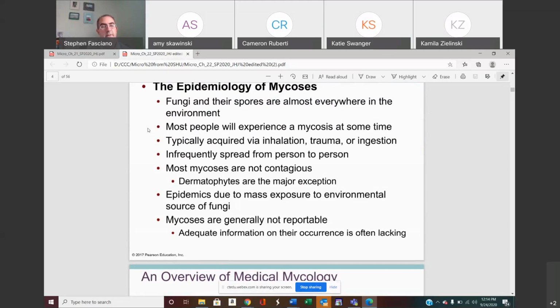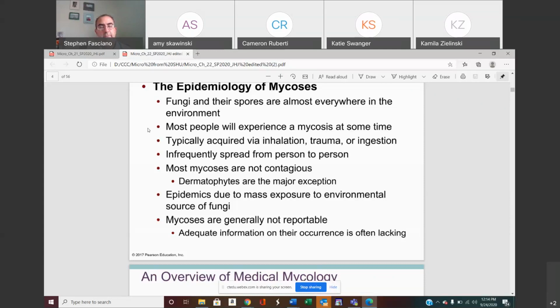Trauma would be like a car accident, some kind of trauma where you'd have an open wound and a fungus can get in. They are not very often spread from one person to another, right? So if somebody has a fungal infection, it's not very likely that they're contagious. The one major exception are dermatophytes. And so from that word, dermatophytes, phytes are fungus, a type of fungus. Derma or dermata, what do you think derma is affecting?